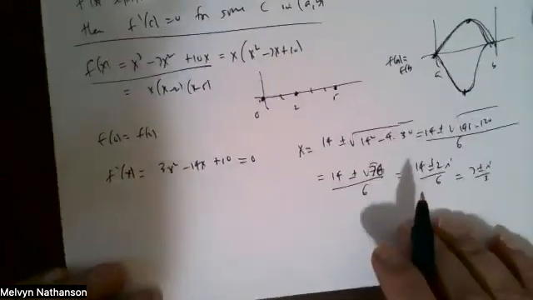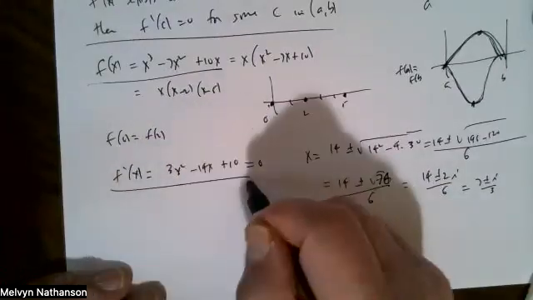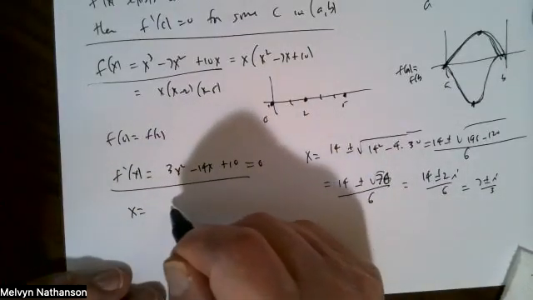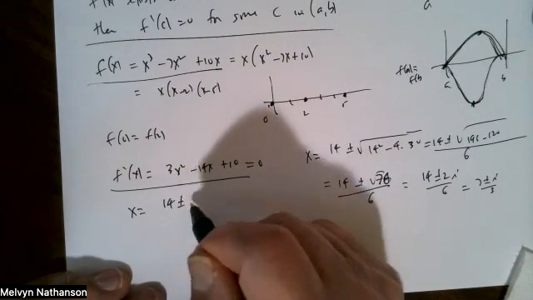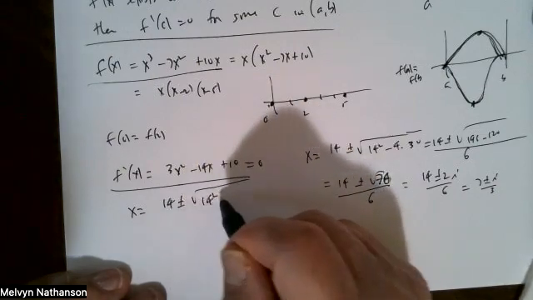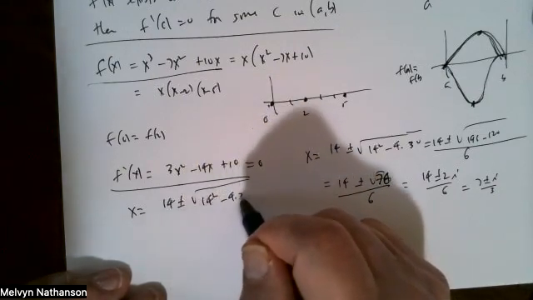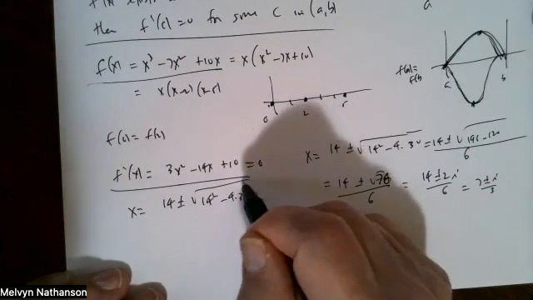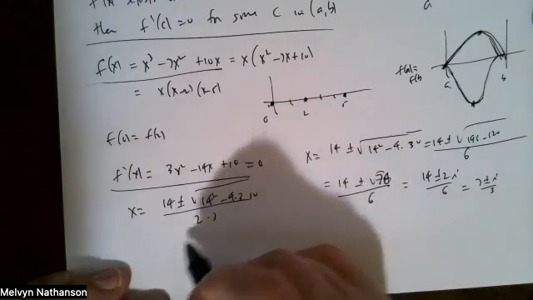So if we have this quadratic equation, x is minus b plus or minus the square root of b squared minus 4 times a times c, over 2a.